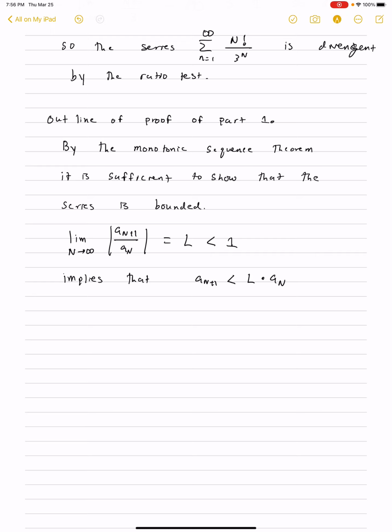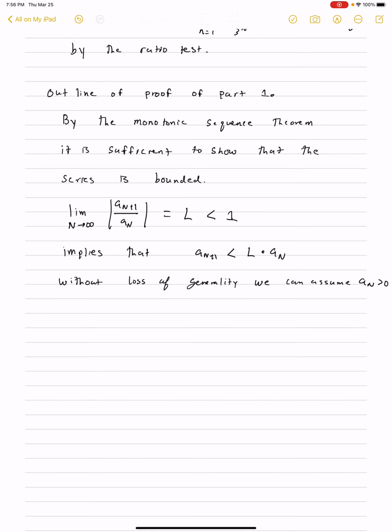And without loss of generality, we can assume each of these terms are positive. Okay. This implies that this statement is true, and this statement is true for every value of n.